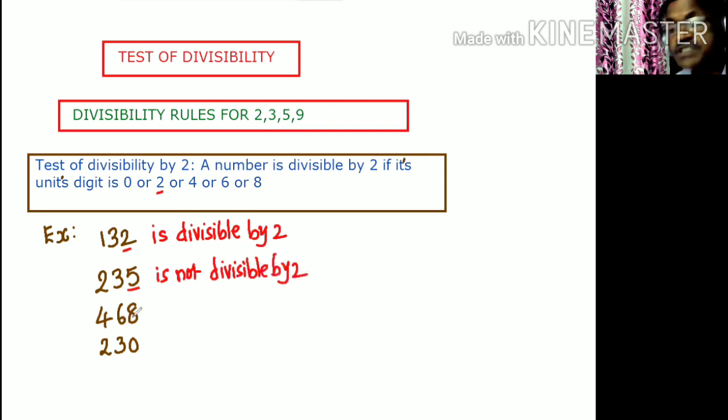But in 468, units digit is 8. Therefore, it is divisible by 2. Here in 230, units digit is 0. Therefore, it is divisible by 2.